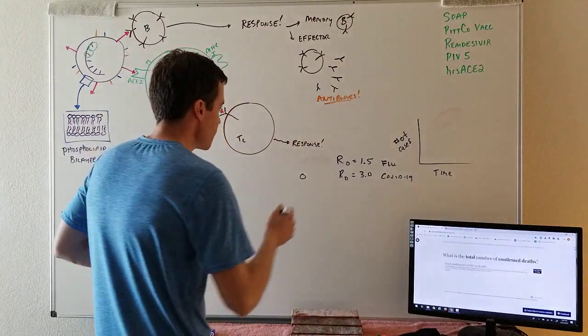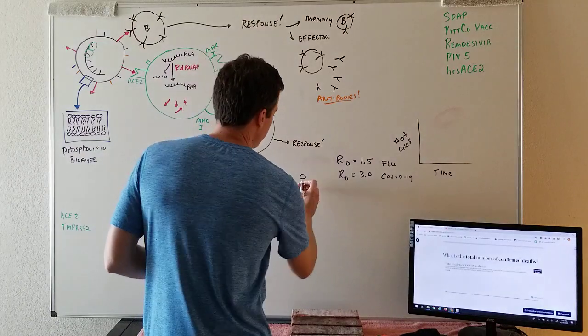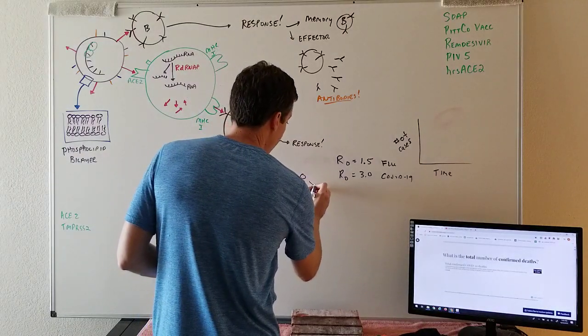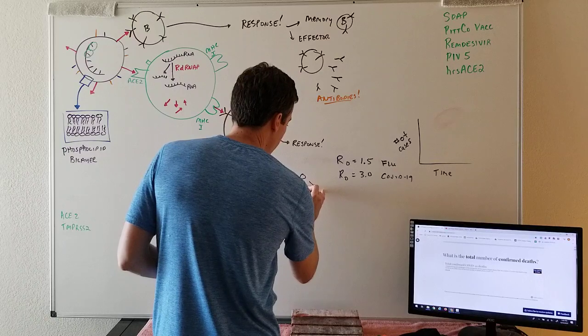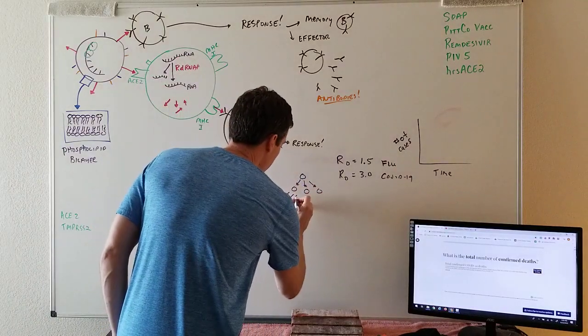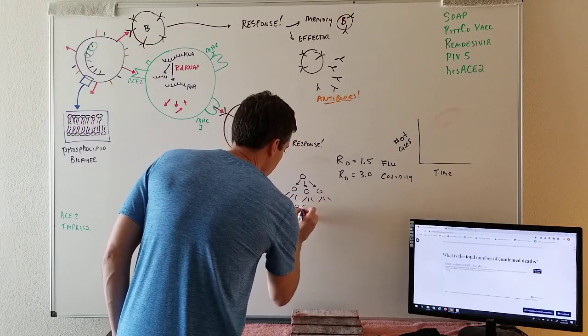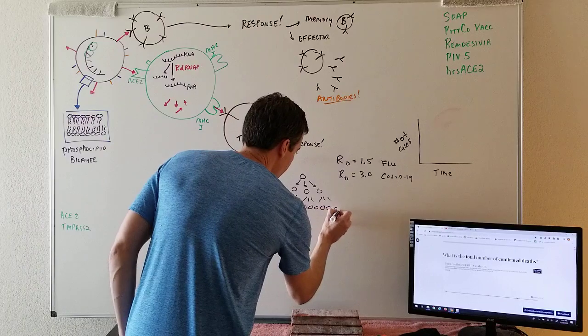So that means, on average, if I've got one dude, and this is the analogy that I stole from Ninja Nerd, if I have one dude, he infects on average 3. And then each of them infects 3 people. 1, 2, 3, 4, 5, 6, 7, 8, 9.